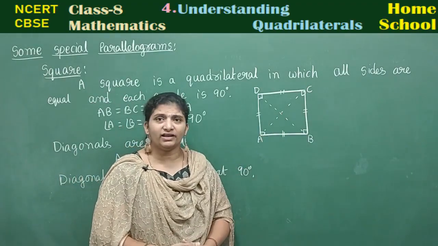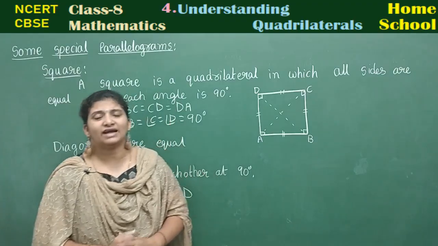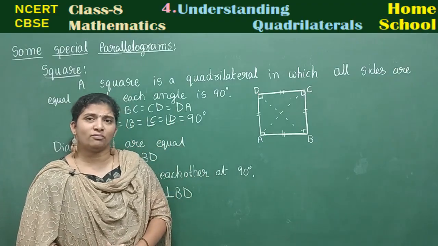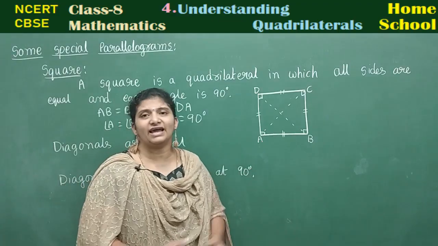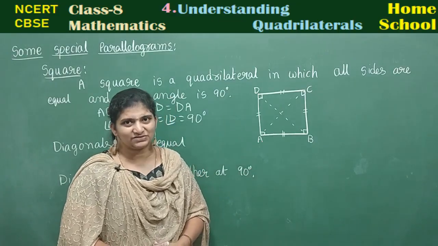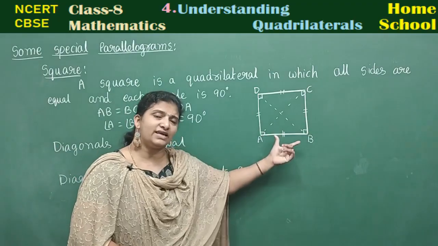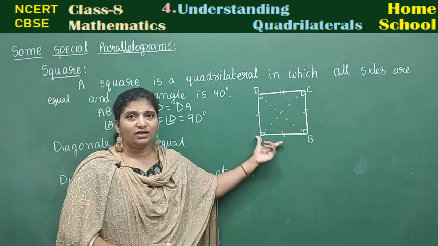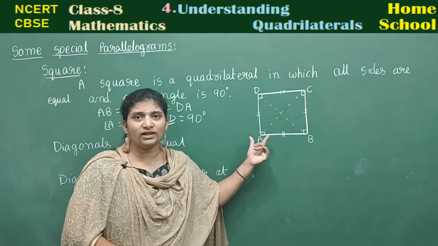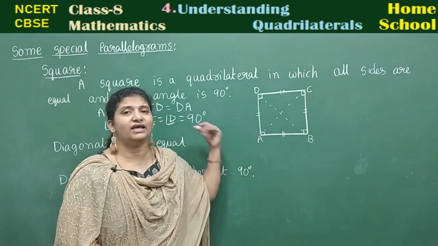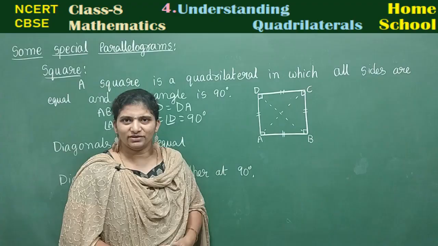Diagonals are perpendicular, we said. But all angles are 90 degrees is not satisfied by a rhombus. If the angles are 90 and all sides are equal, it is a square. If all sides are equal and the angles are not 90, then we may say it is a rhombus.